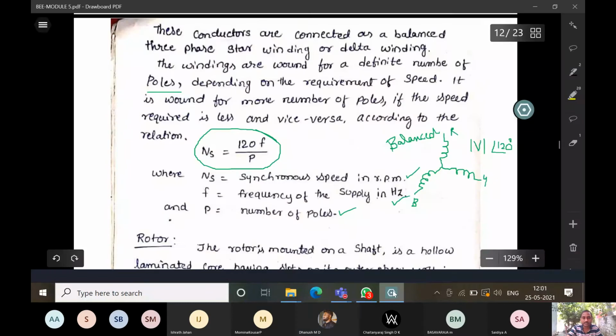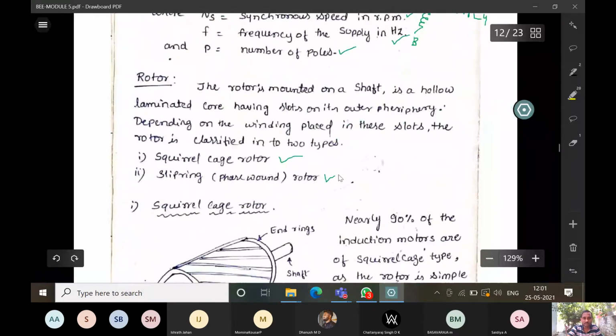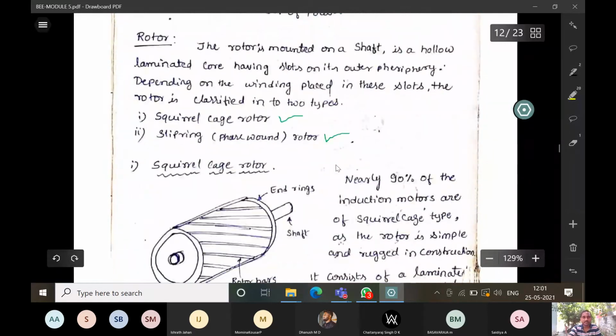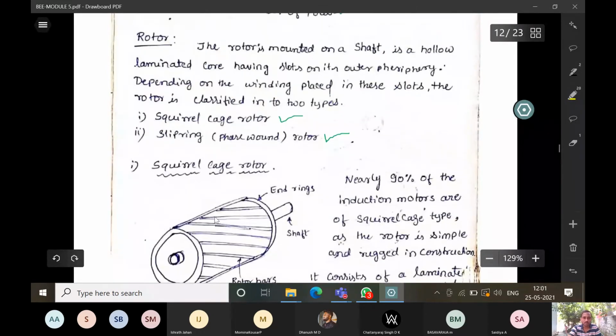Next, coming to the rotor part. In an induction motor we have two different types of rotor, one is the squirrel cage rotor and the other is the slip ring rotor. The rotor is mounted on the shaft. This is the shaft, and the rotor is a hollow laminated core having slots on its outer periphery.